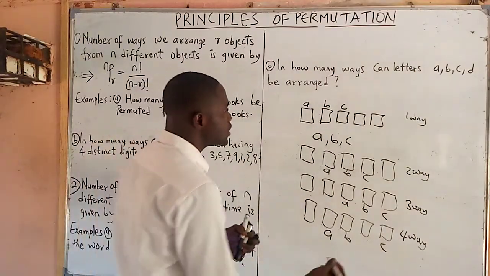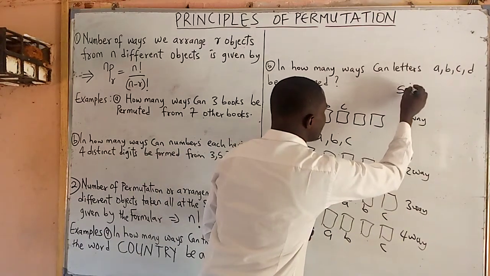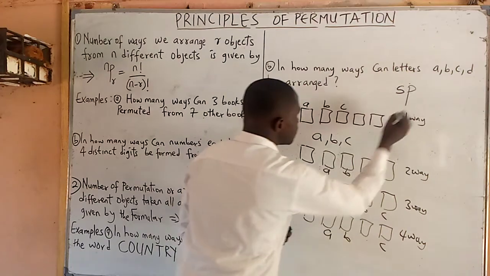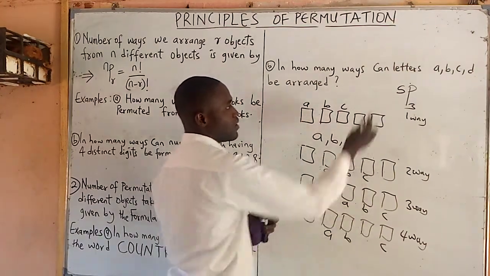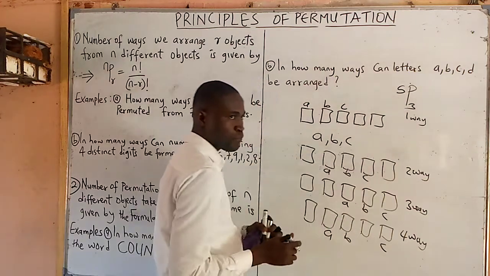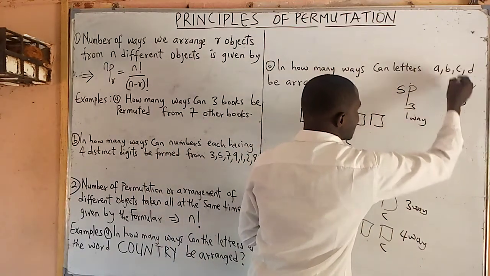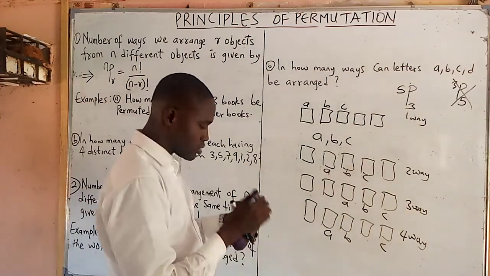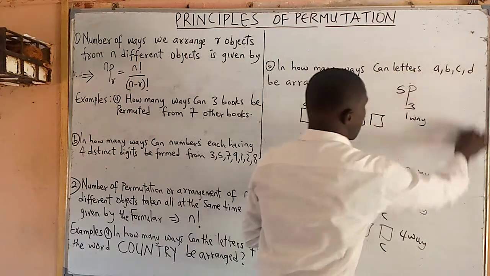How do we do it? We just say 5 permutation 3, because we have 3 persons and 5 seats that they will occupy. Please mind you that 3 permutation 5 has no answer. It is a syntax error.